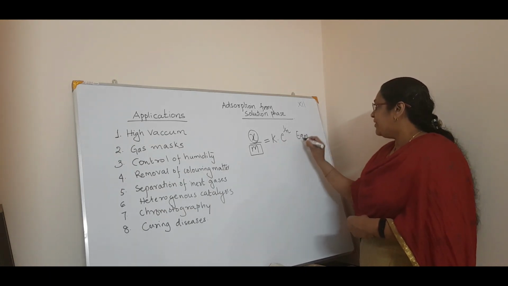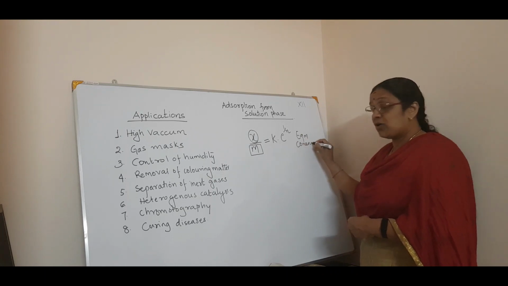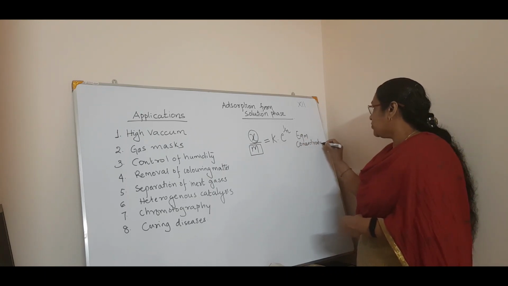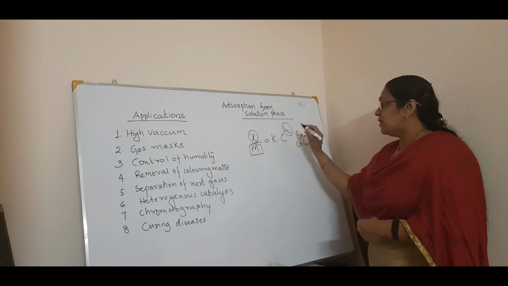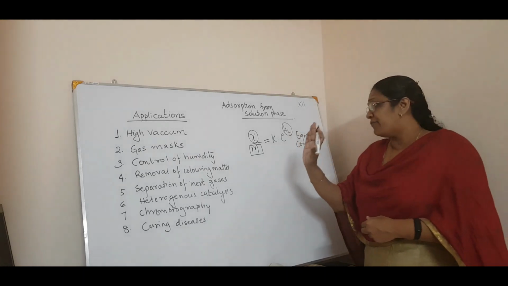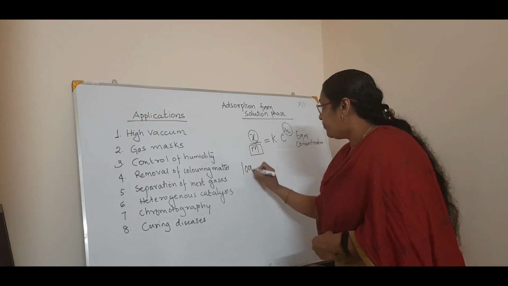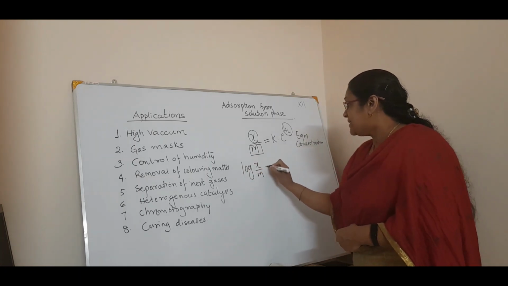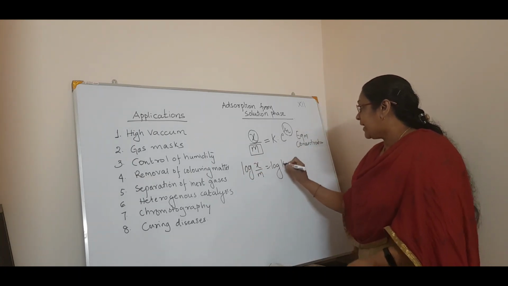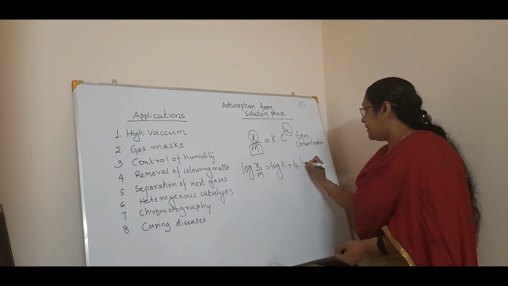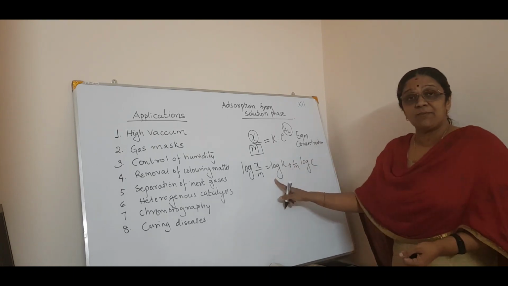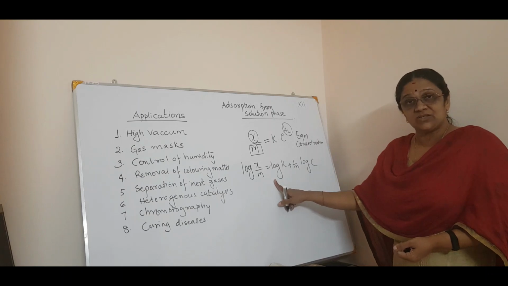That is the only difference; K and 1 by n are all the same as in the Freundlich isotherm. Putting logarithm, log x by m is equal to log K plus 1 by n log C, the same as we did in the Freundlich isotherm.